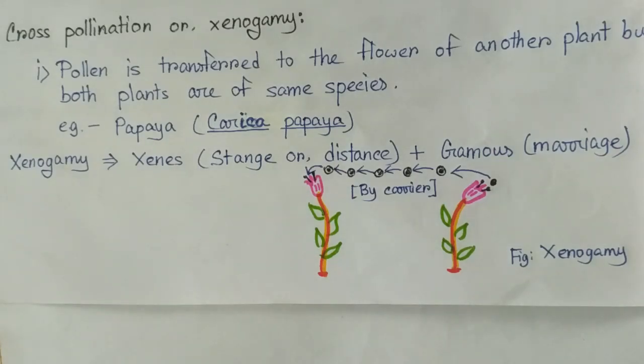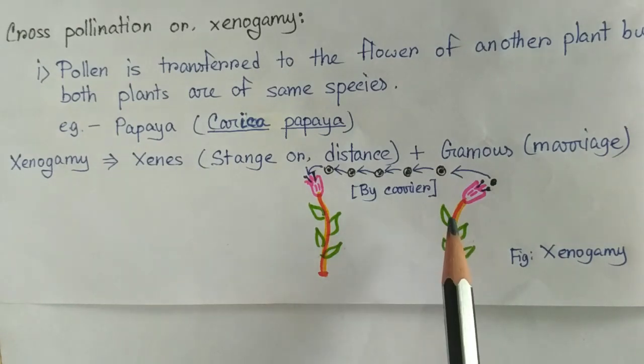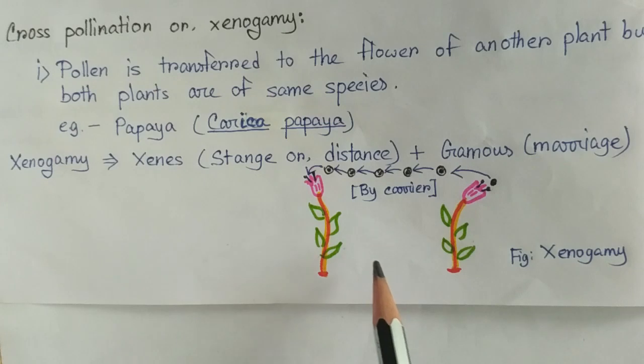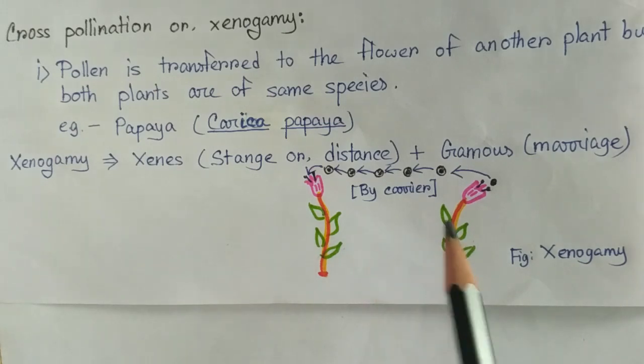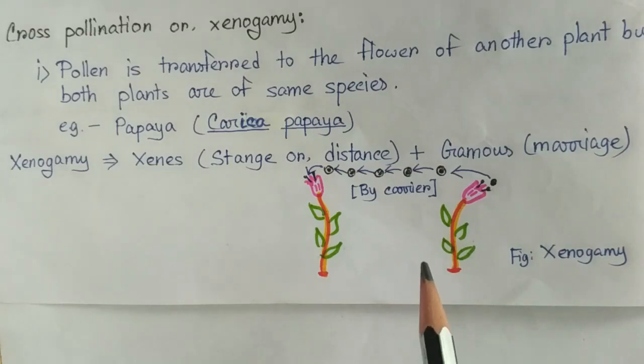Now we have to understand cross-pollination or xenogamy. What is cross-pollination? Pollen is transferred to the flower of another plant, but both plants are of the same species. Here are the two plants. They belong to the same species. Meaning they are both papaya plants or both paddy plants, but the species is the same.